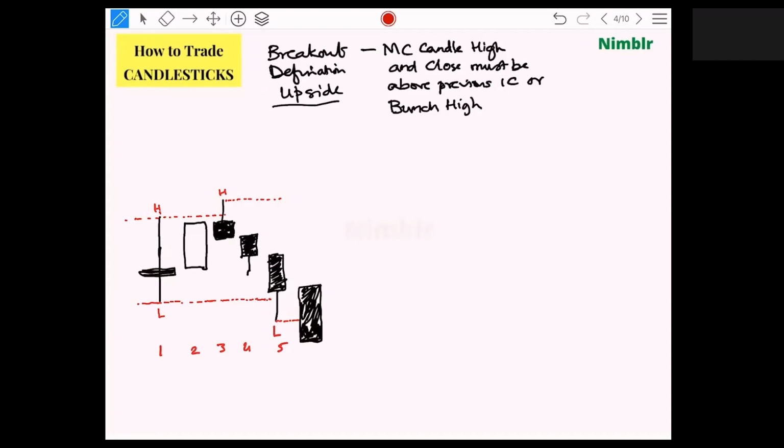Because the MC candle low and close are both below the bunch low. The range expands. So the new low is this. Now this is a breakout.